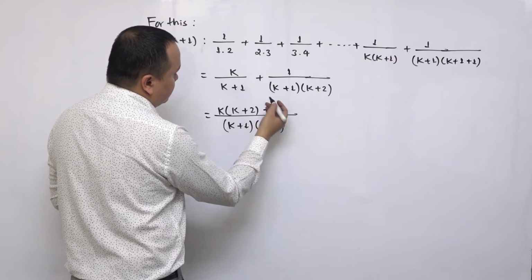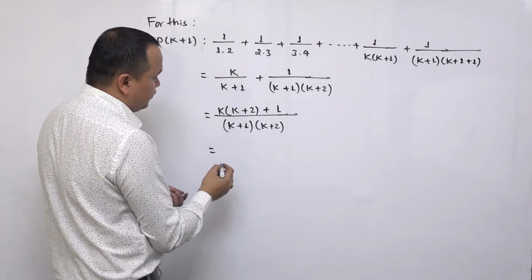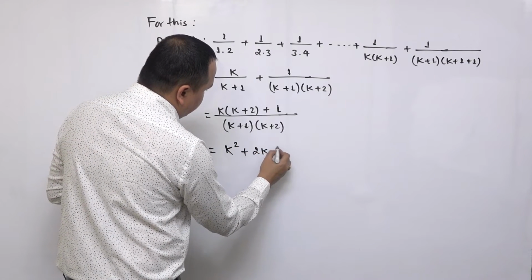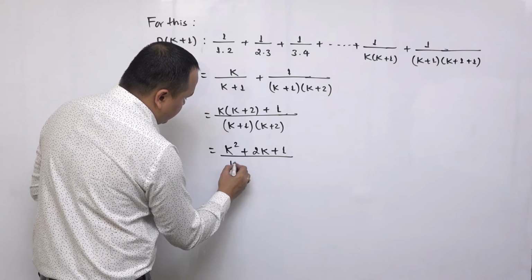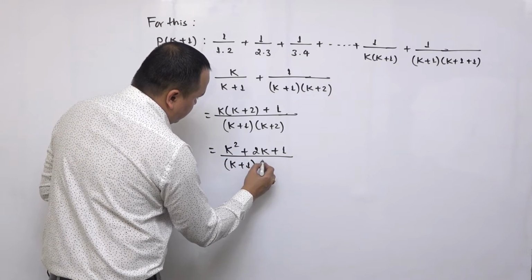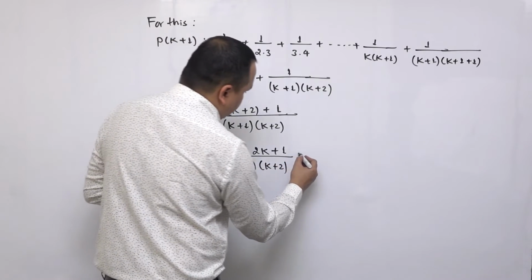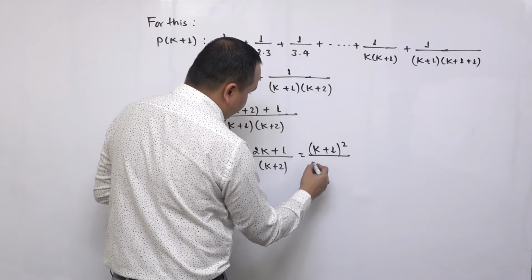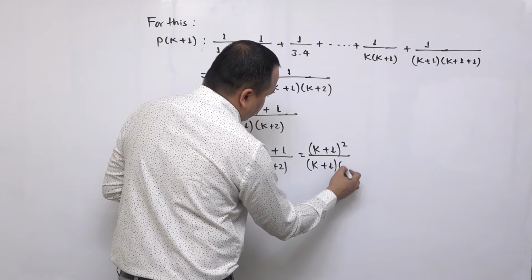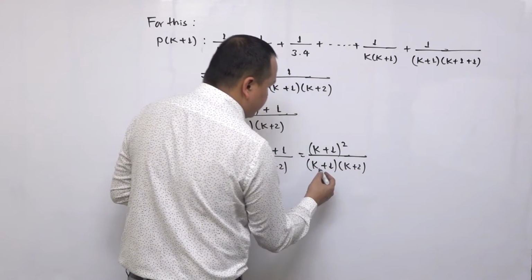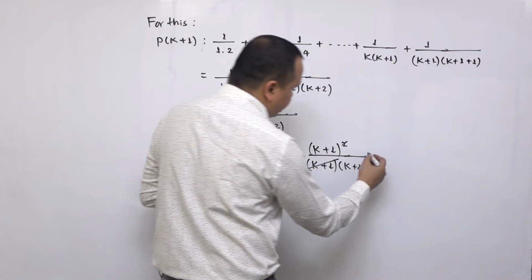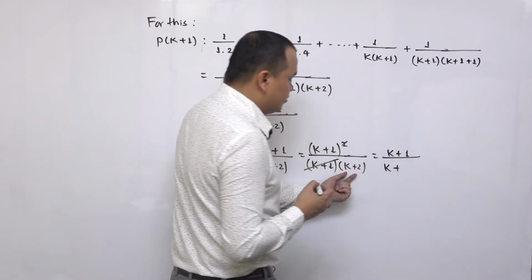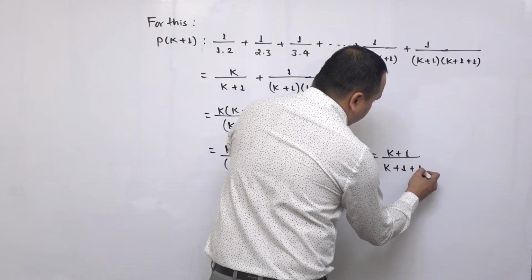The numerator is k times k plus 2 plus 1. And this is k square plus 2k plus 1 divided by k plus 1 into k plus 2. And this is k plus 1 whole square divided by k plus 1 into k plus 2. Here k plus 1 cancels. Then k plus 1 upon k plus 2 can be written as k plus 1 upon k plus 1 plus 1.